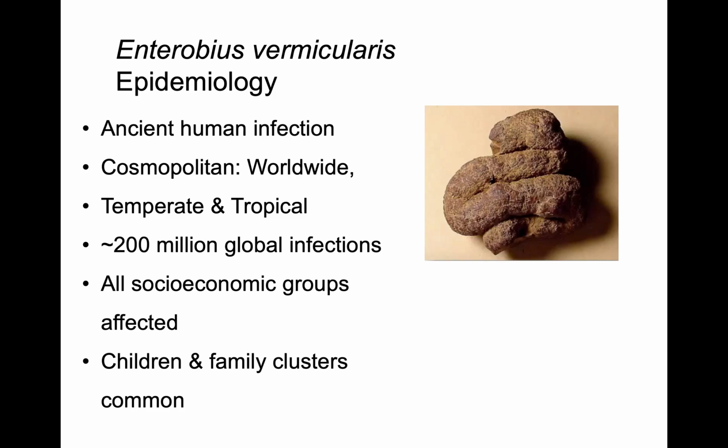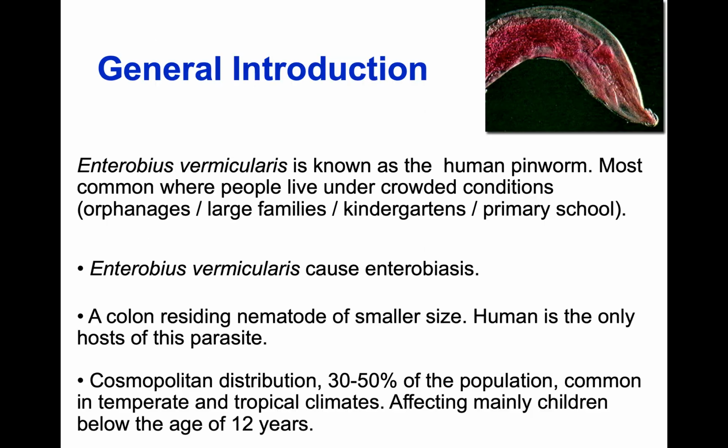All over the world, there are over 200 million people having infection, and all socioeconomic groups can be infected. Usually, children and family clusters are very common, and it is most common where people live under crowded conditions, for example, large families, kindergartens, and primary schools.